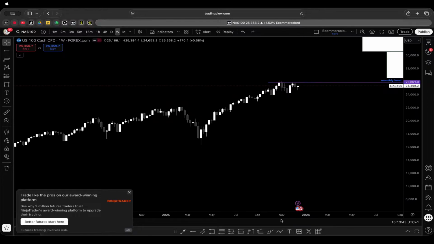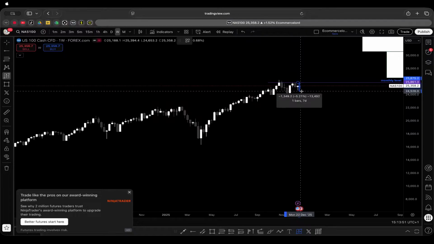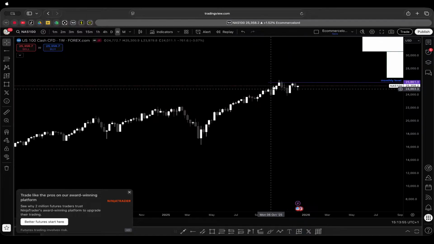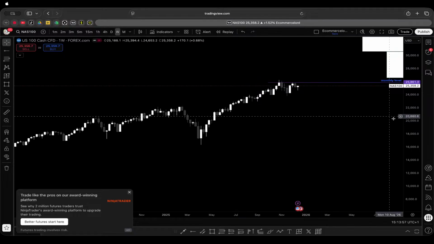Price continued going down, giving a reaction from the resistance of barely 5%, approximately. So yeah, that is that.